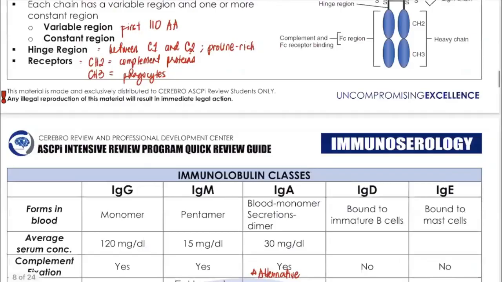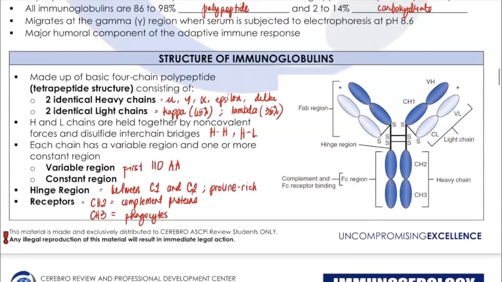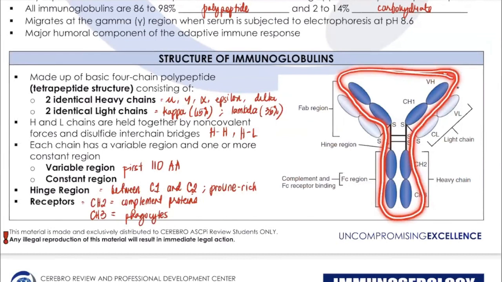Balik tayo dun sa antibody structure natin. Okay? So first, yung isotype. Yung isotype is nakabase siya sa ating heavy chain. So basically, itong blue na area, that dictates the isotype of your immunoglobulin.